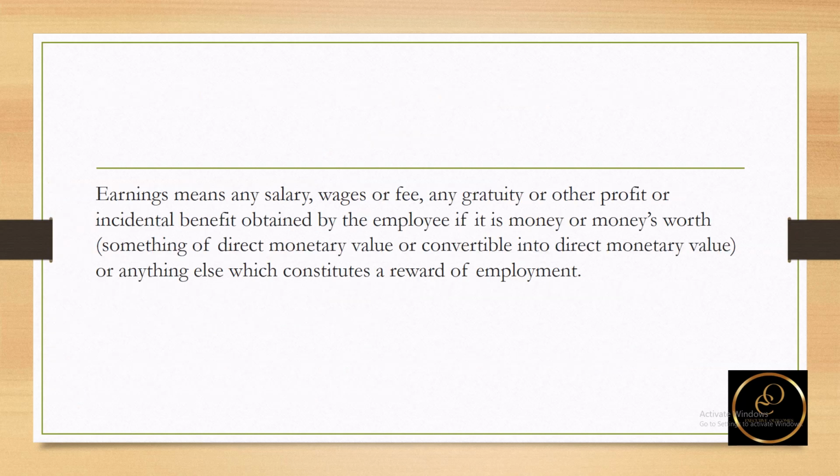Earnings means salary, wages or fee, any gratuity, other profit or incidental benefit obtained by an employee, if it is money or money's worth, something of direct monetary value or convertible into direct monetary value, or anything else which constitutes a reward of employment.